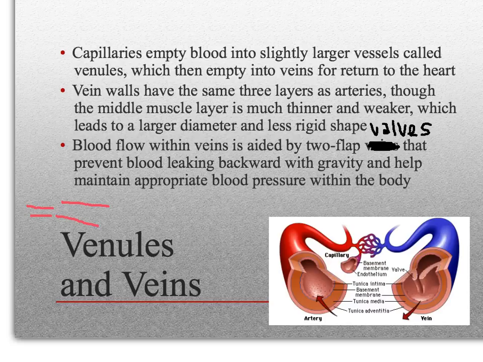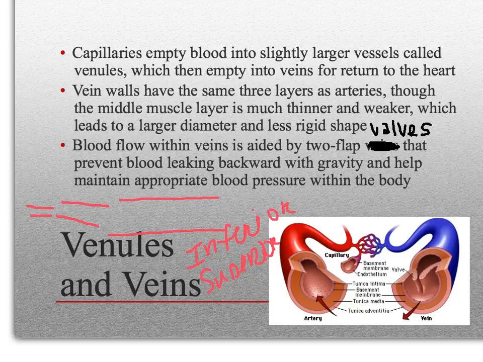You'll find venules in locations fairly far from the heart, so feet and legs and hands and things like that. And then the venules eventually dump into really big veins like the vena cava, for example. The vena cava has an inferior, which comes from the lower part of the body, as you learned, and a superior, which brings back all the blood from the upper part of the body.